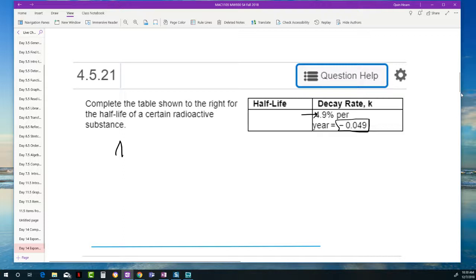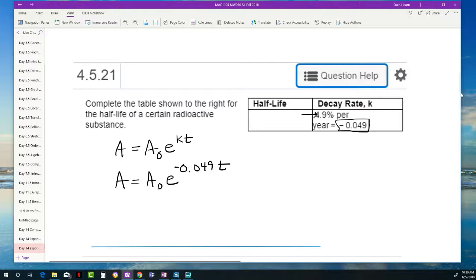So let's go ahead and write out the model for exponential growth and decay. And then we're going to put in for K, we're going to put in negative 0.049.